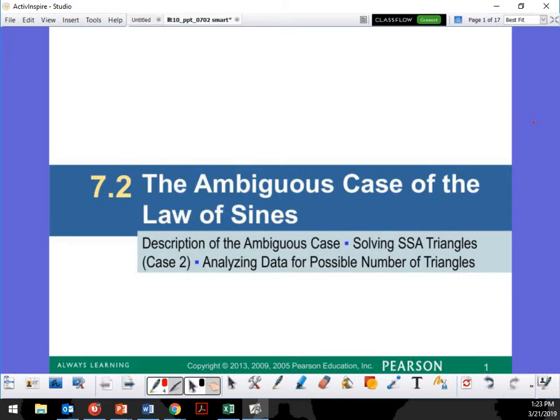Now, ambiguous. Keyword: ambiguous. Think of the word ambiguous. It sounds kind of funny, doesn't it? Say it loud and clear. What does it sound like?